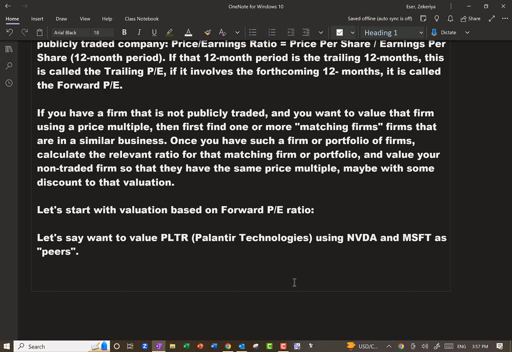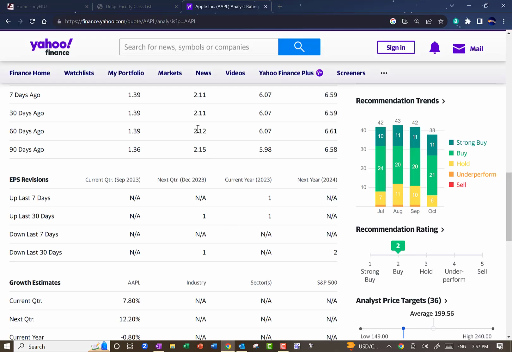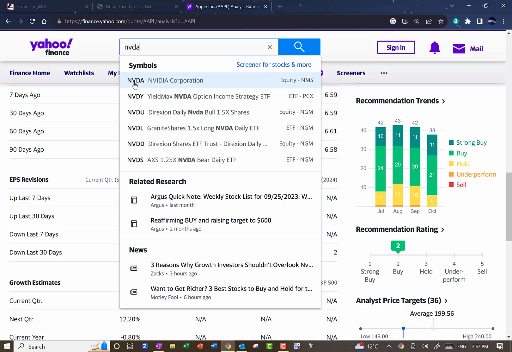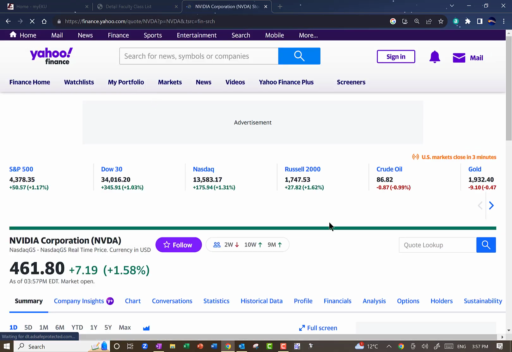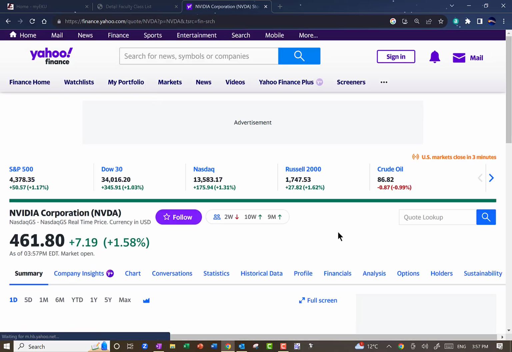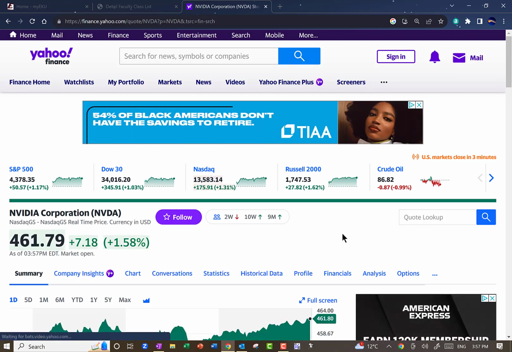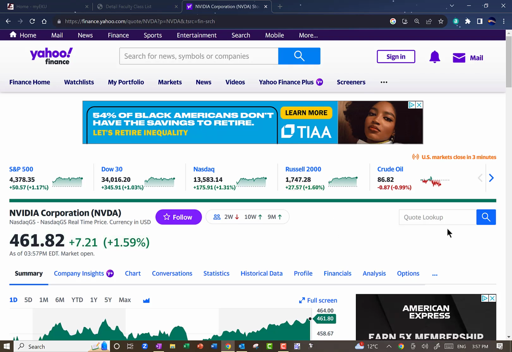First of all, let's get forward PE for NVIDIA. If you go to finance.yahoo.com, as you know, NVIDIA does a lot of AI chips. They also provide some AI consulting services.